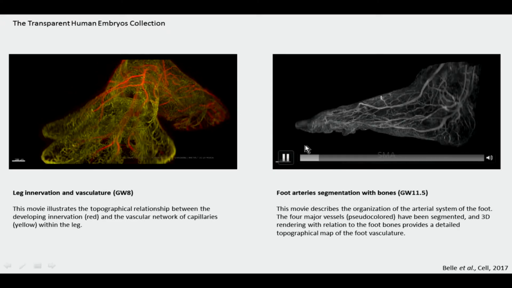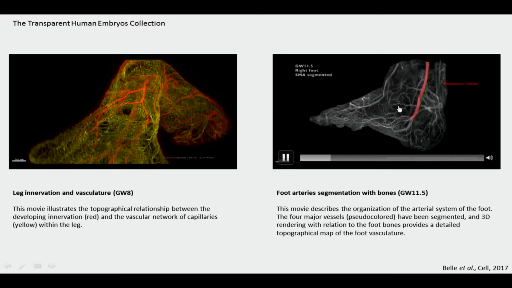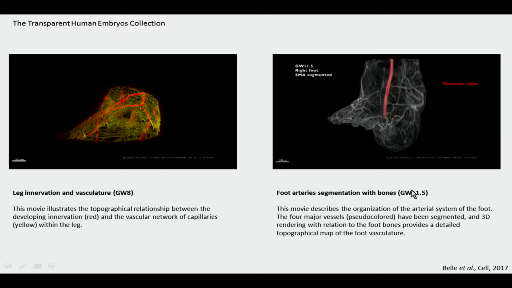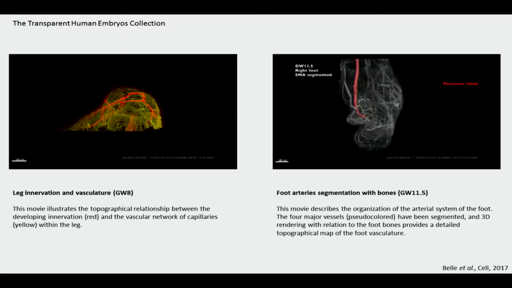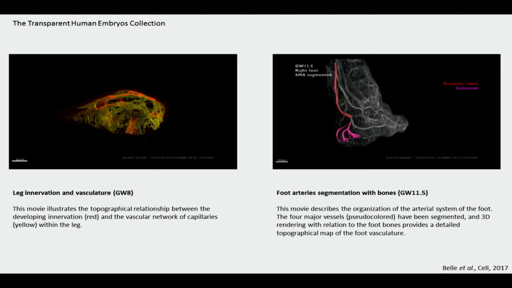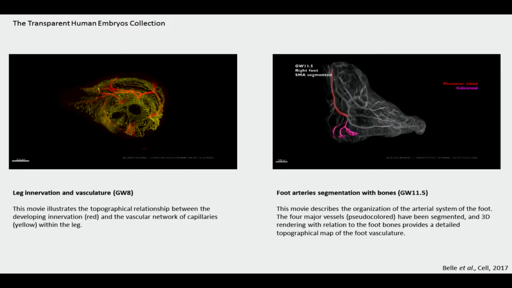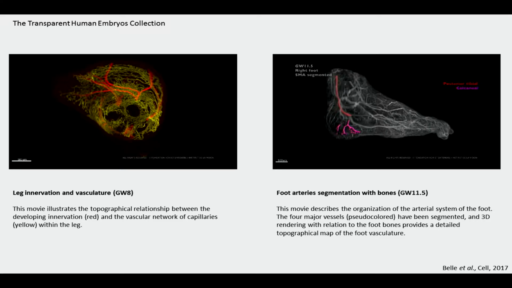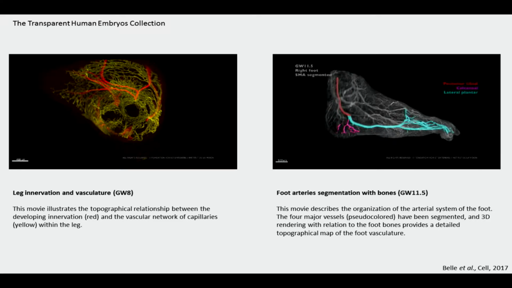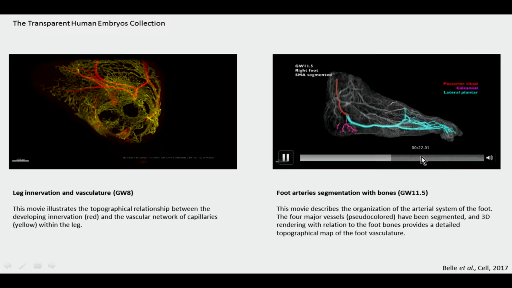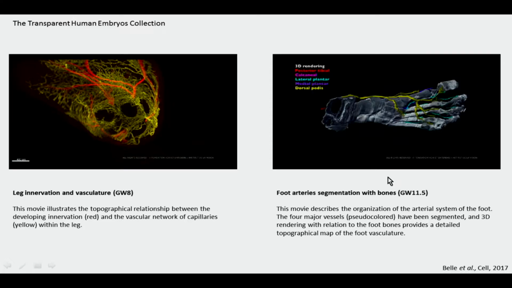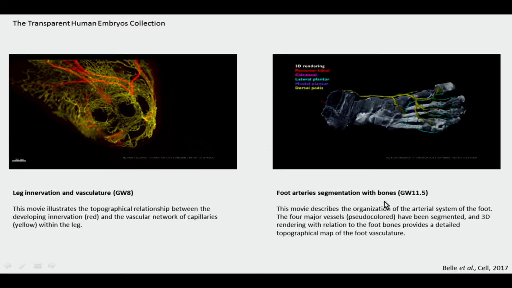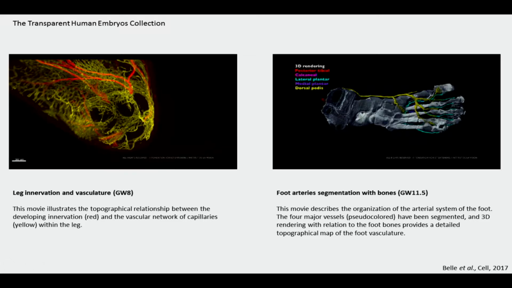This is looking at the foot, so you can see the arteries, and later on you will see the bone appear. This is a very recent paper, published last year. It's a bit slow. In the end you can extract the bones from the foot.